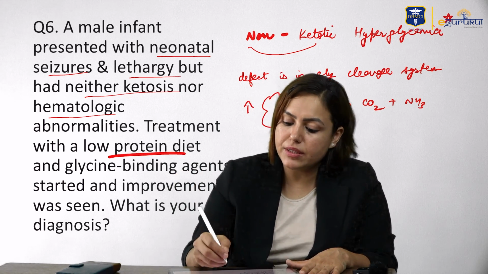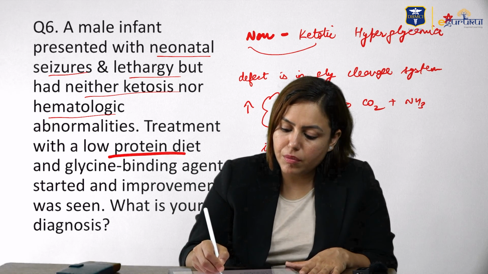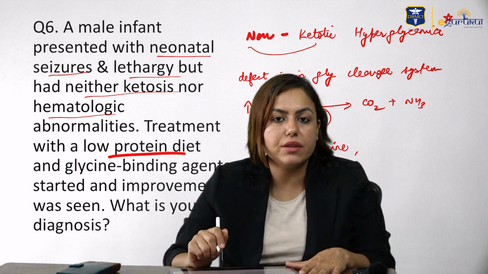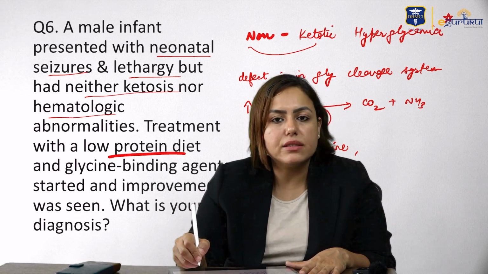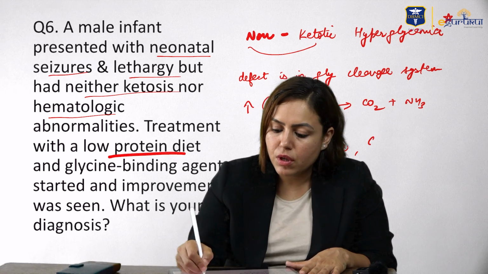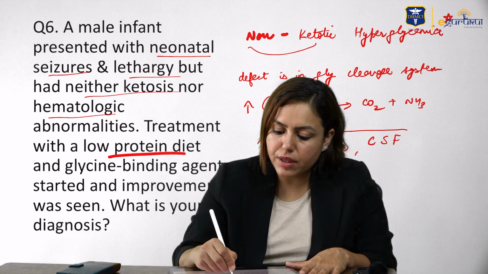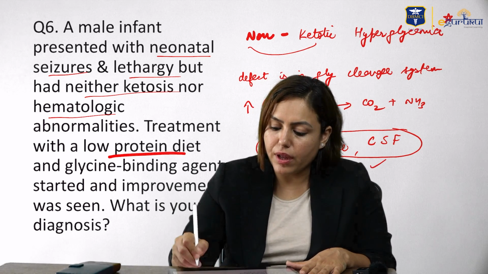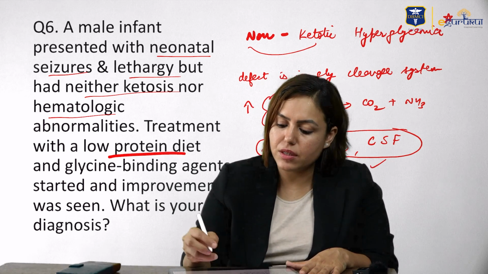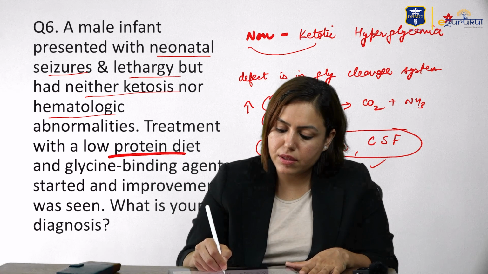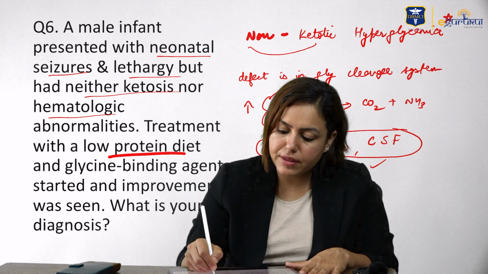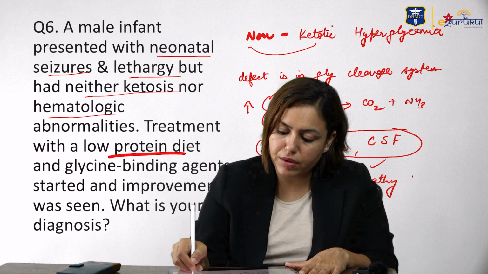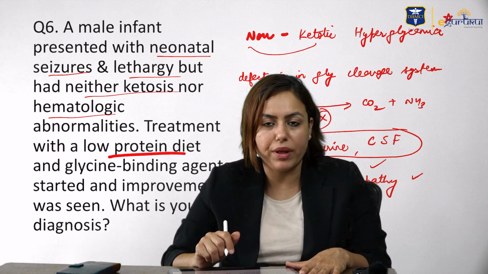So there will be increased glycine in blood. From blood it will be going to urine also, increased glycine in urine also. And glycine is an important neurotransmitter, so there's increased glycine in CSF also. So increased glycine in blood, urine and CSF. And this is called glycine encephalopathy. Brain is affected. This is known as glycine encephalopathy, right?